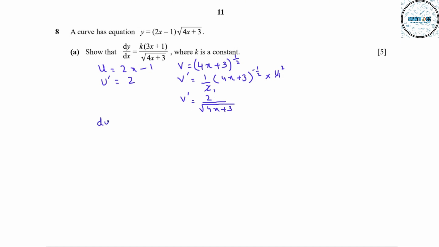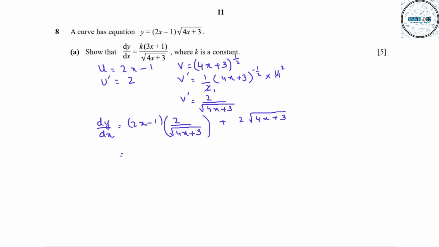For dy/dx, we will multiply u by v'. So it is (2x - 1) into 2 upon √(4x + 3), plus 2√(4x + 3), that is u' multiplied by v, or vu'.